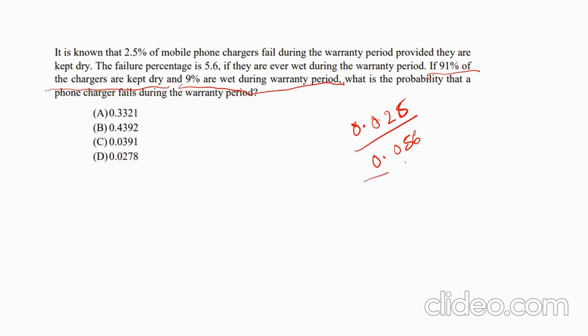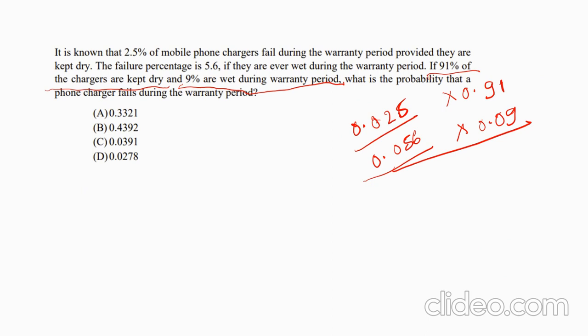So this is what we have when the chargers are kept dry, 0.91, and this will be multiplied by 0.09. So this means the wet period, okay?